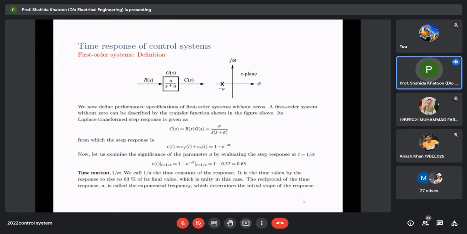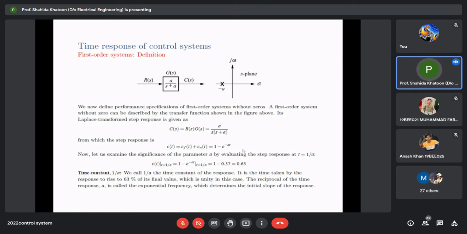So C(s) is R(s) into G(s), so it is a upon s into s plus a, the step response of the first order system. If you take the inverse Laplace transform, you will get the forced response c_f(t) plus the natural response c_n(t). The forced response is basically 1 and the natural response is minus e to the power minus at.